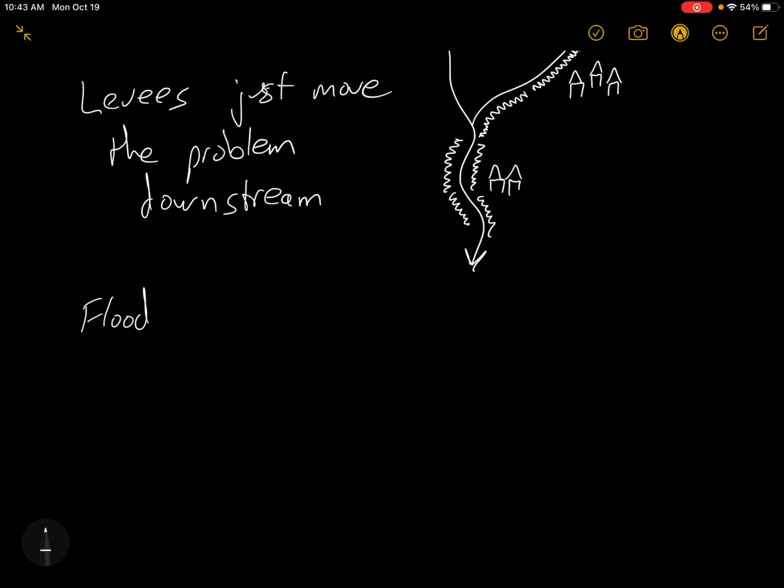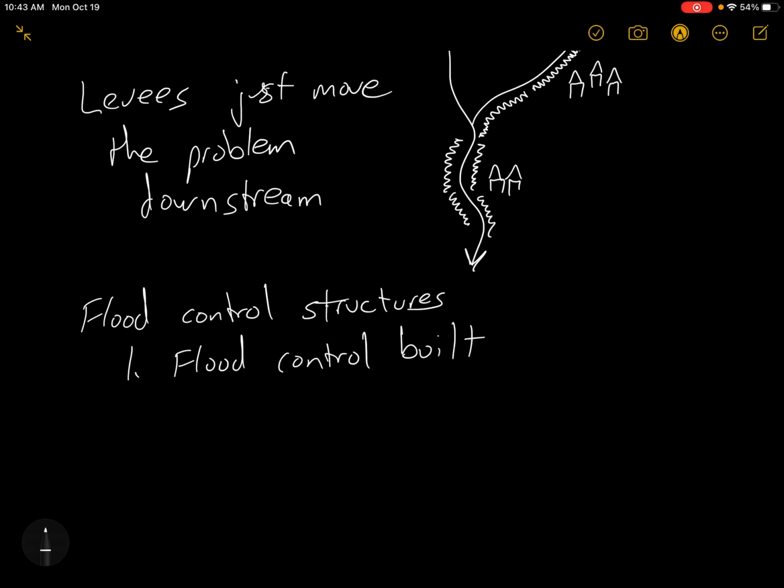Levees also have the problem, like other flood control structures, and this includes flood control dams potentially, that they go through this cycle. So some flood control is built. It's a dam, it's a levee, which means people feel safer.